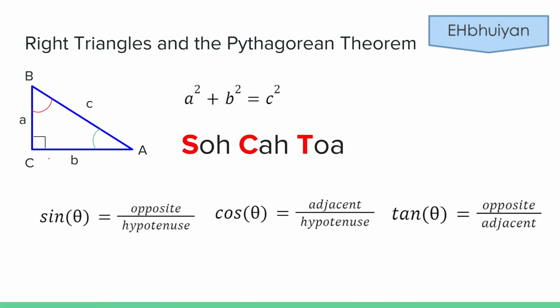So in other words, angle A plus angle B plus angle C must equal 180 degrees. If angle C is 90 degrees, then angle A plus angle B must equal 90 degrees, meaning that both A and B are smaller angles than 90 degrees.